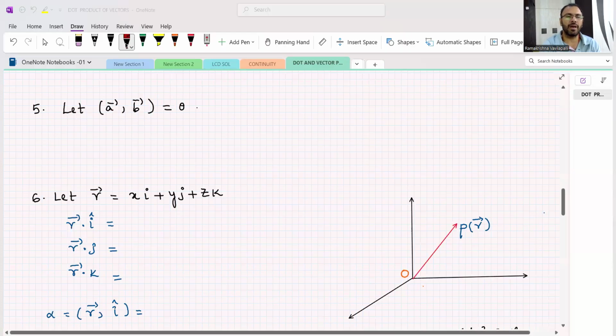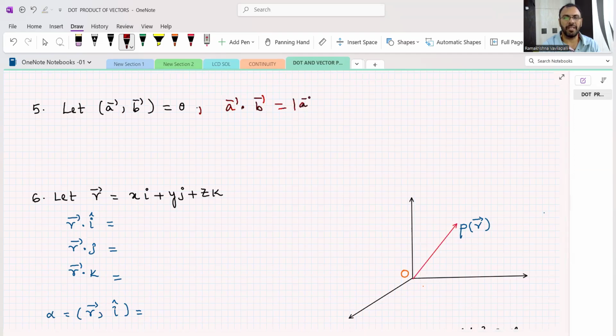Let the angle between A bar and B bar be theta. Then we know that A bar dot B bar equals mod A mod B into cos theta. This is our basic formula for the dot product of two vectors. Then how do we find the angle between two vectors? We write cos theta equals A bar dot B bar by modulus of A bar into modulus of B bar.